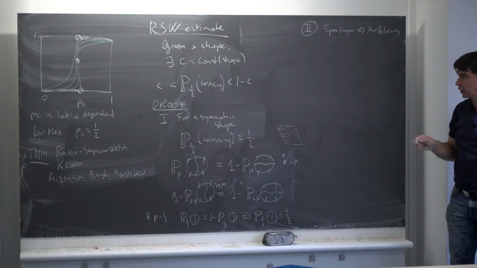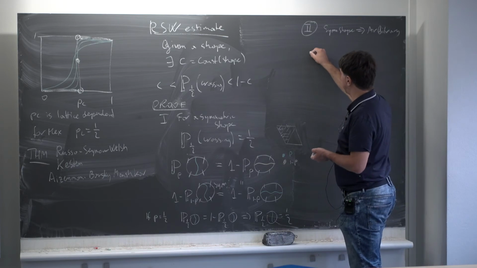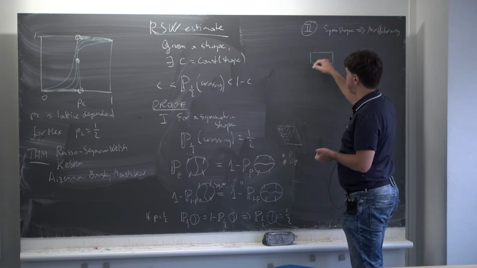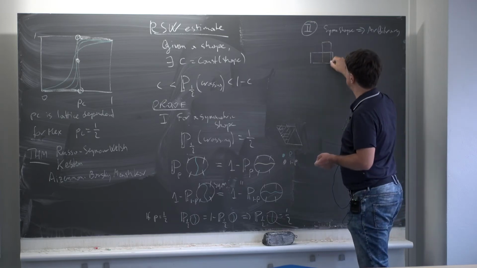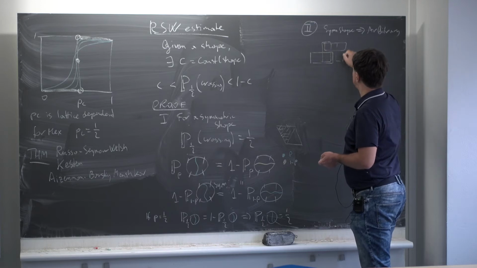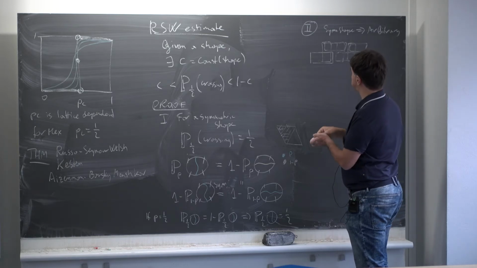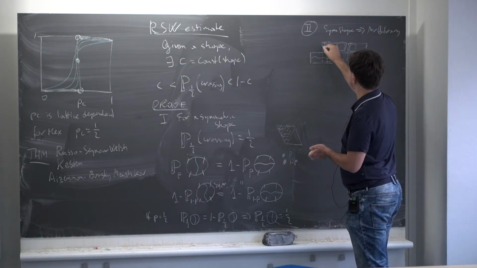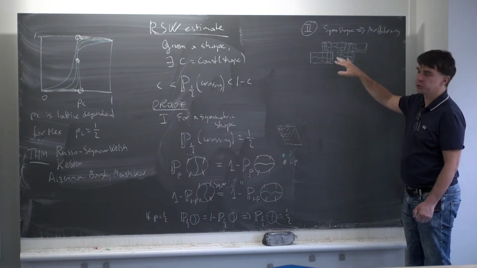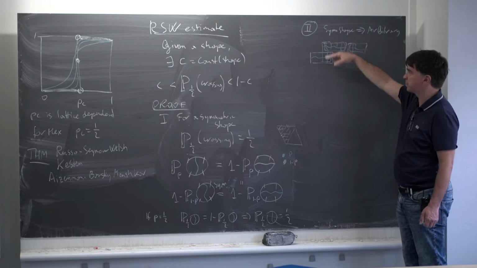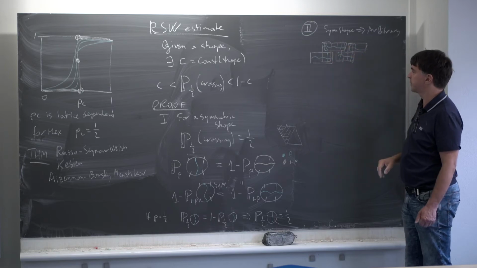That's what Russo, Seymour, and Welsh noticed: if you already can do, for example, shape 1 by 2, then you can do shape 1 by 10 just by sort of snaking through. So you do a snake like that, and if each of the dominoes has a crossing, from their crossings you can construct the global one. You should be a bit careful. You should prove that they have positive correlation, these crossings. So the fact that you have this crossing only increases the chances of that one, but that's fairly easy for percolation.